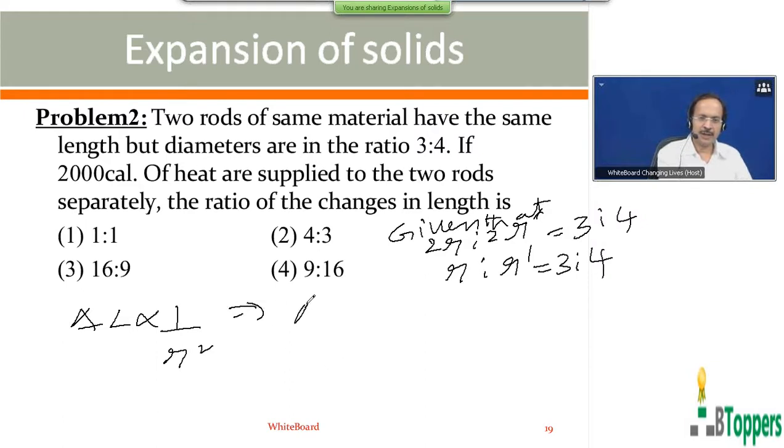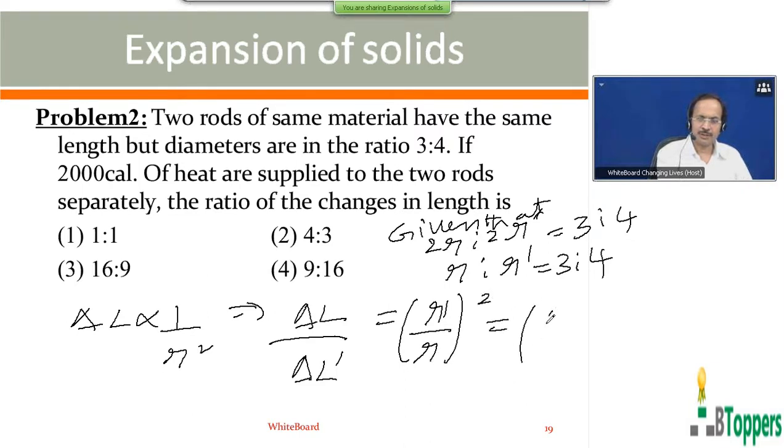Therefore, as explained in the calculation just before this problem in the special case 2, ratio of the increase in the length of first rod to the increase in the length of second rod is the square of the inverse ratio of the radii of cross section. So that will be 4/3 whole square or 16/9.